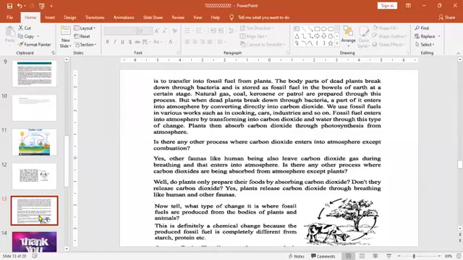Is there any other process where carbon dioxide enters the atmosphere except combustion? Most carbon dioxide mixes with the air by the process of combustion.